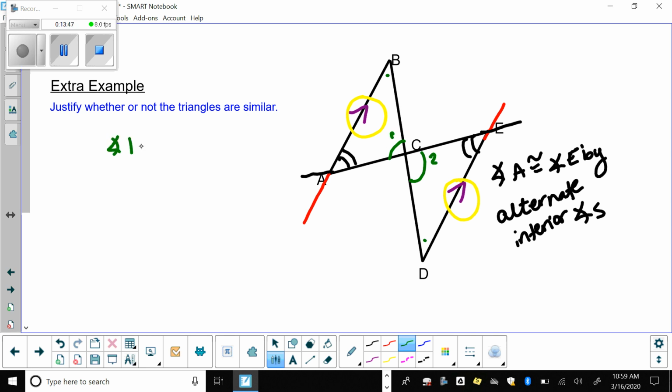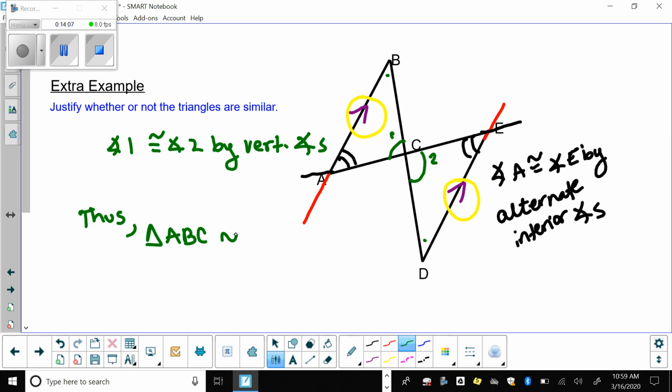So angle 1 is congruent to angle 2 by vertical angles. Thus triangle ABC is similar to triangle EDC by AA similarity.